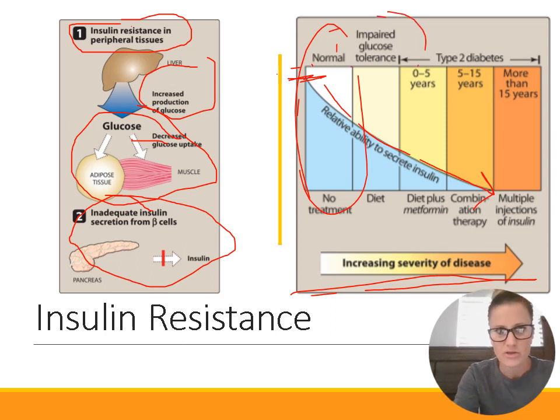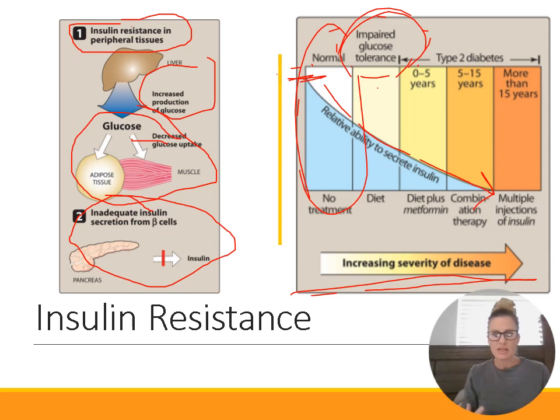This first thing here is just what we call impaired glucose tolerance. Typically, if you give the body a big dose of glucose, it should be able to process it. It should be able to convert it into glycogen in the liver and put it into our cells, and we should be able to bring that level down. Somebody who has impaired glucose tolerance, when you give them a big dose of glucose, they're not able to do that well.